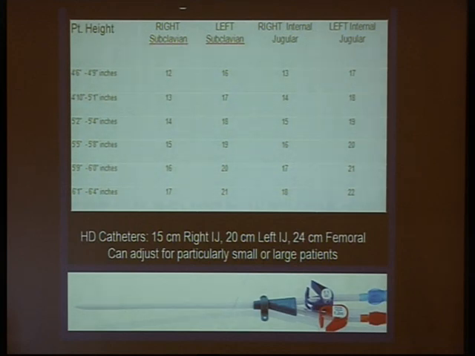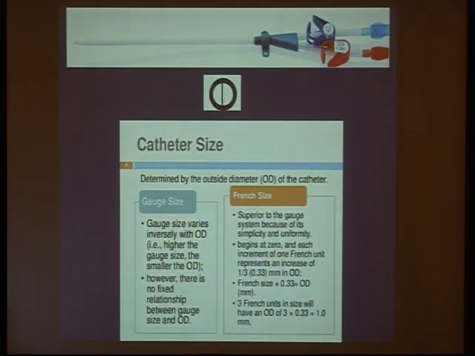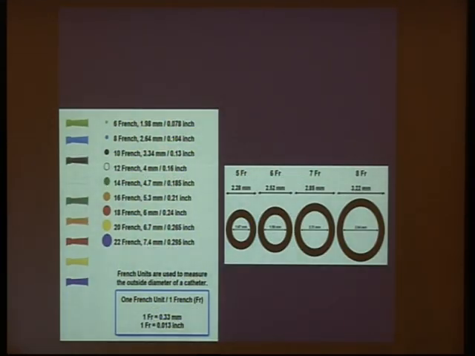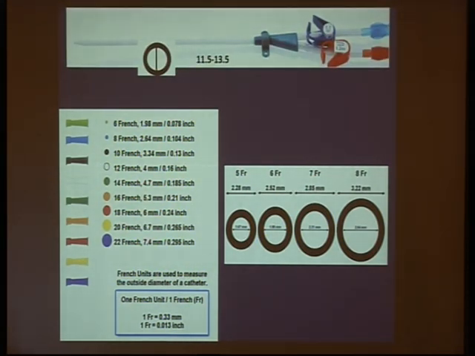Not only length is important, but also diameter, which could be assessed by what's called French size. French is the outer diameter of the cross-section of the catheter. And the usual French choice for adult catheter cannulation is from 11.5 to 15.5.